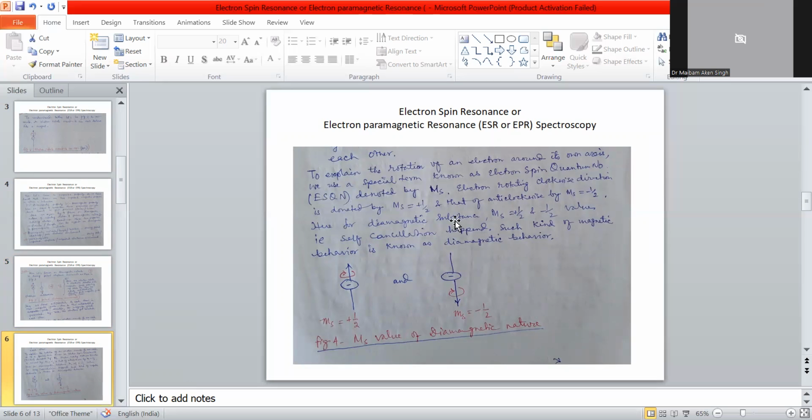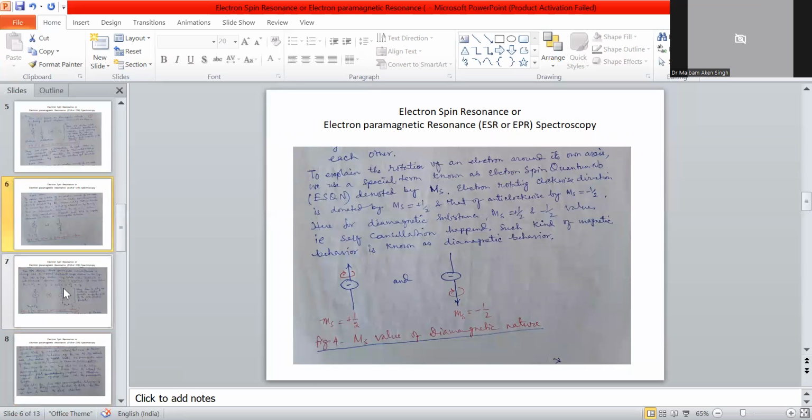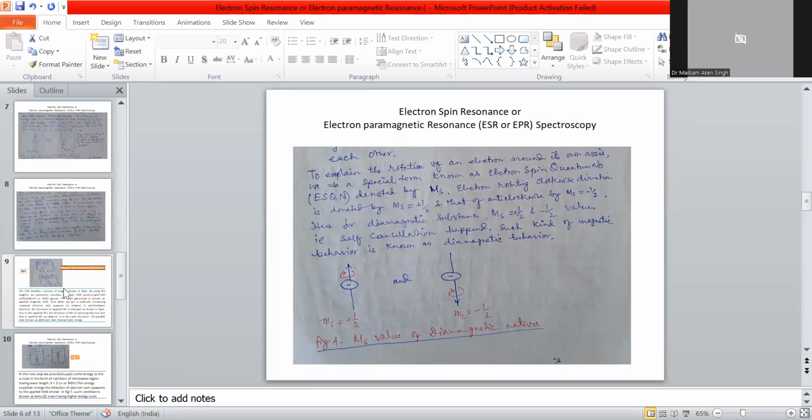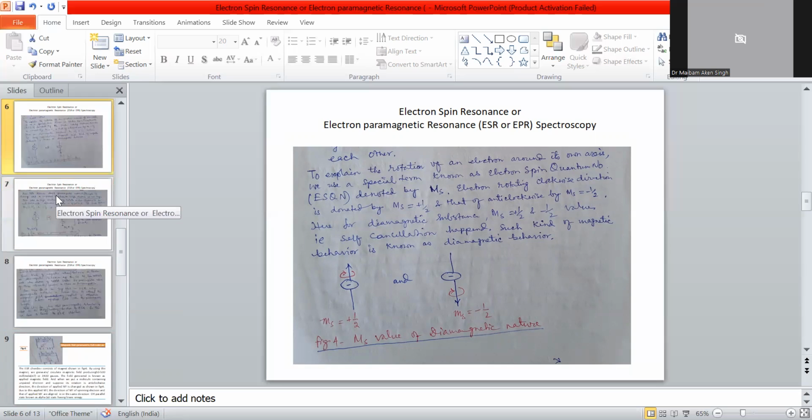For a diamagnetic substance, the ms values are plus half and minus half, so self-cancellation happens. Such magnetic behavior is known as diamagnetic behavior, as you can see in figure 4.